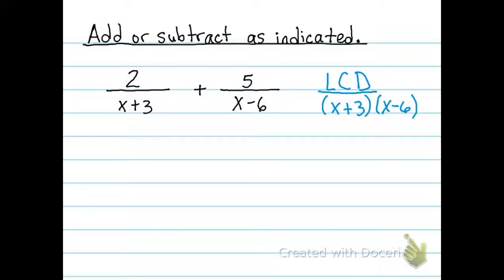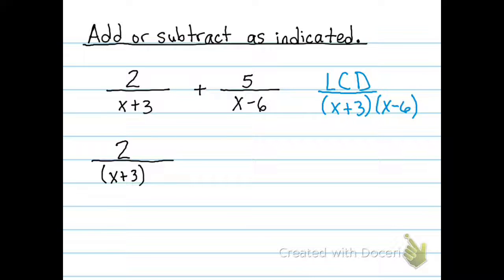Because if you take any number that's not 0 divided by itself, it's just 1. So if we multiply the first rational expression by x minus 6 over x minus 6, we're just multiplying by 1. And so that's what we're going to do here. The way I'm going to write this down, we have our numerator, go ahead and write that down over, and I'm going to put the denominator x plus 3 in parentheses, and we're going to multiply by x minus 6 over x minus 6.